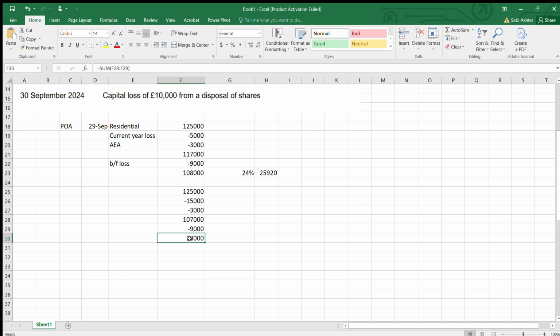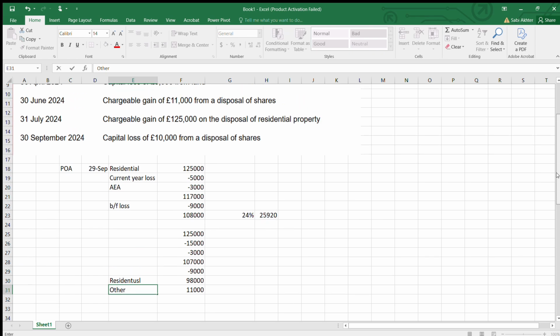This is when we took our residential property gain and deducted AEA and the capital losses and the brought forward losses. Because we are told to take it from a residential property gain. Then your other gain is 11,000. This is residential property. This is other. That 11,000 gain is from selling of shares, other gain.